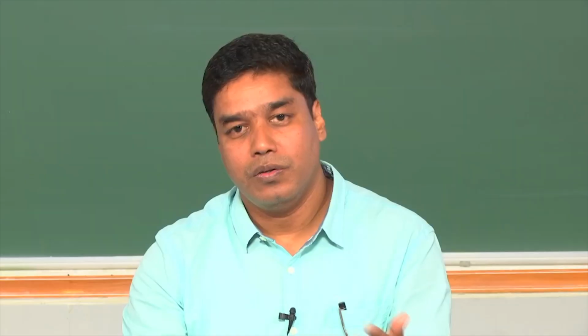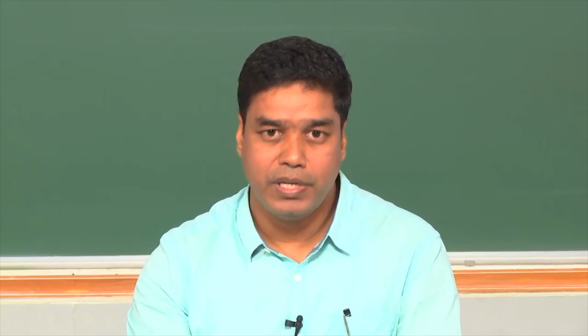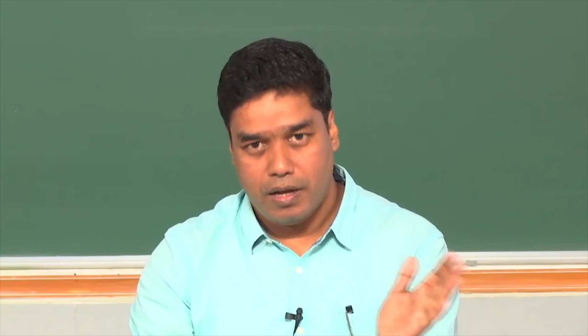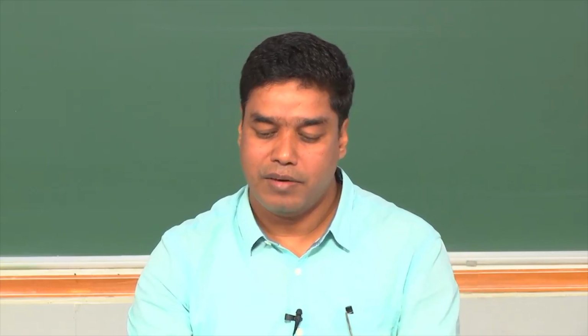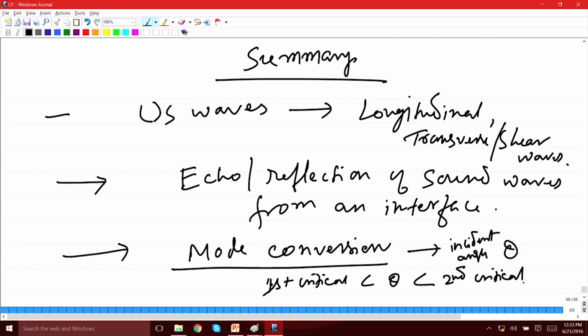And then I told you that if you want to do ultrasonic inspection by using angle beam, then it is better to exclude the longitudinal wave and keep the shear wave, and for that we saw that the incident angle has to be between the first critical angle and the second critical angle. And we derived this first critical and second critical angle based upon Snell's law.